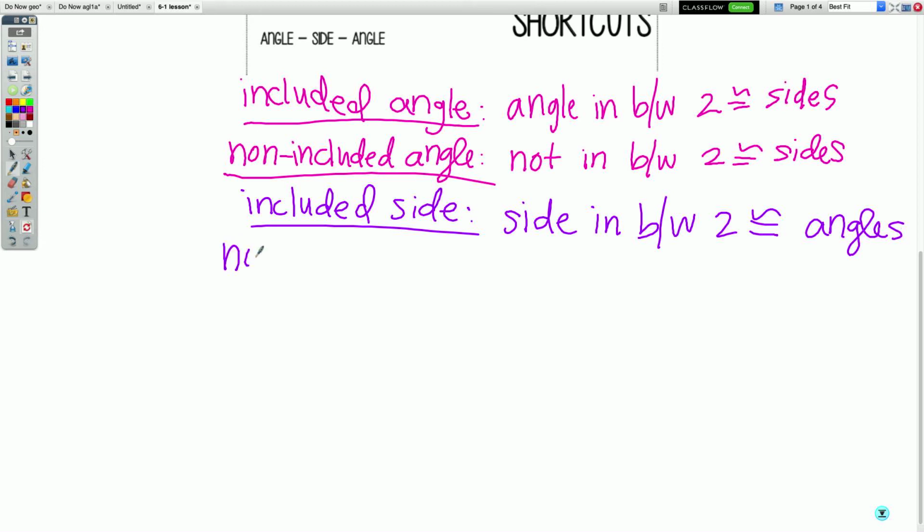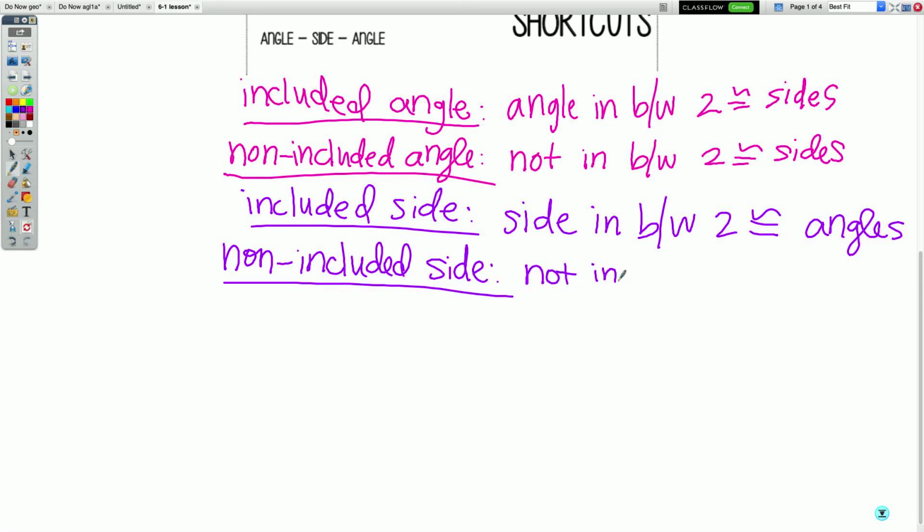And the non-included side would be where? Good, not in between the 2 congruent angles.